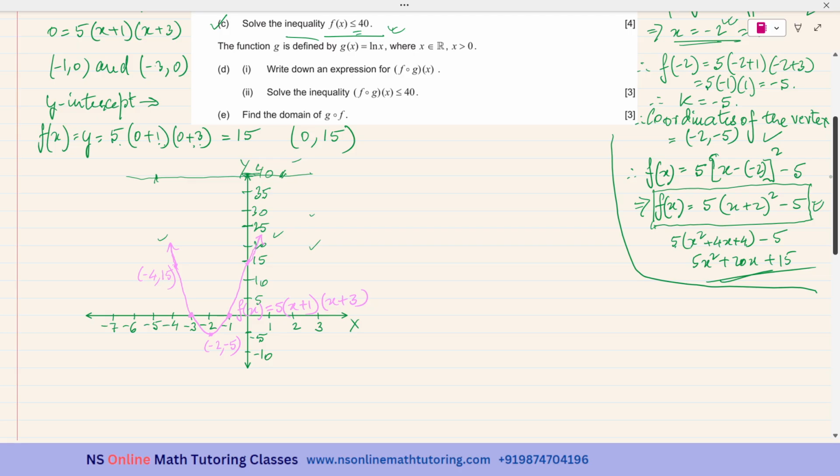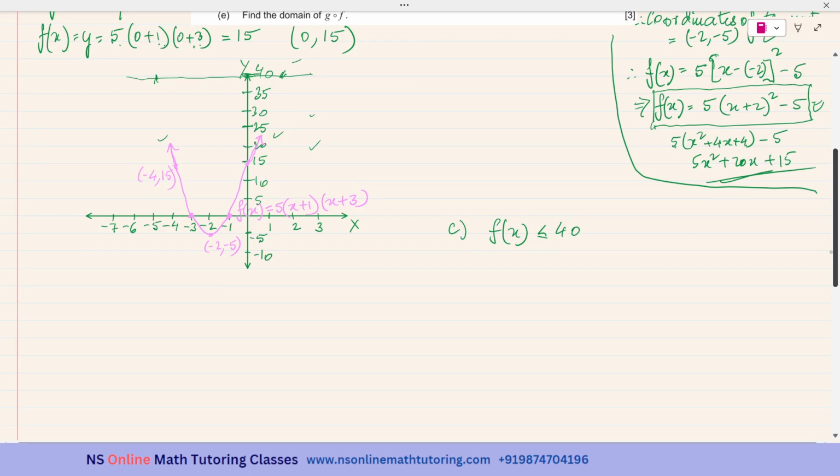Okay, so let us solve this part C. f of x is less than or equal to 40. So let me take this expression, which implies 5 times (x plus 1) times (x plus 3) is less than or equal to 40.